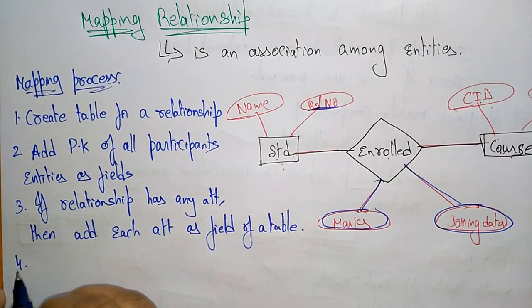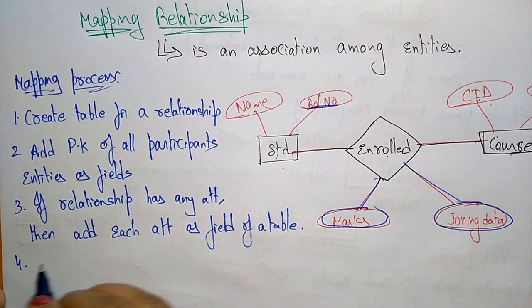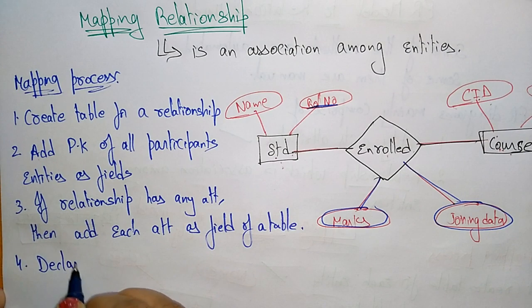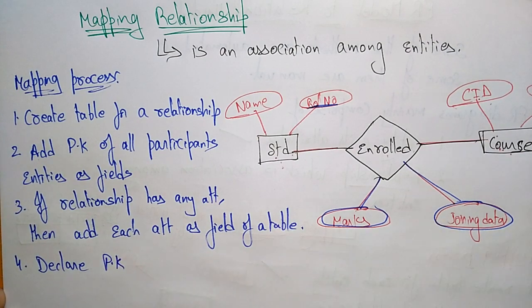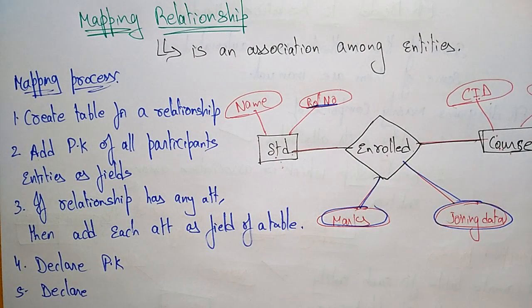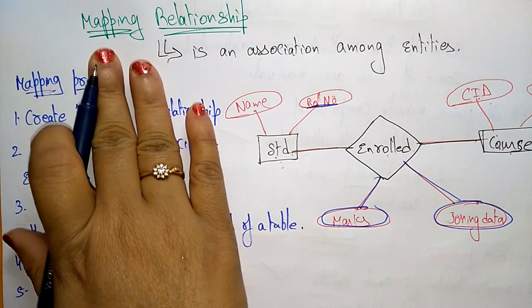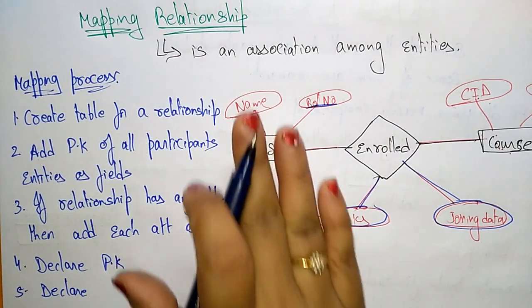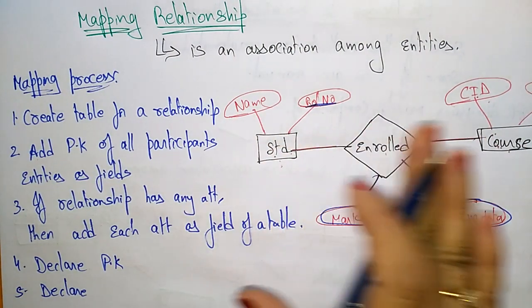Next, the fourth point. After that you have to declare a primary key composed of all the primary keys of the participating entities. And also you have to declare a foreign key, because here one depends upon the other. This is a relationship between the two entities.